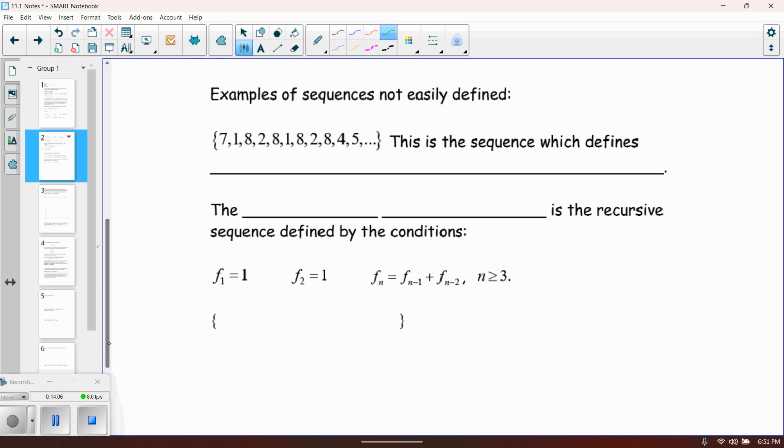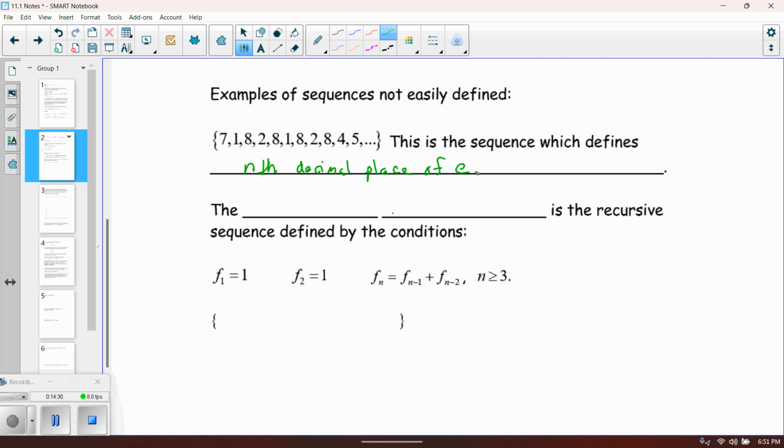And what this represents is the nth decimal place of the number e.